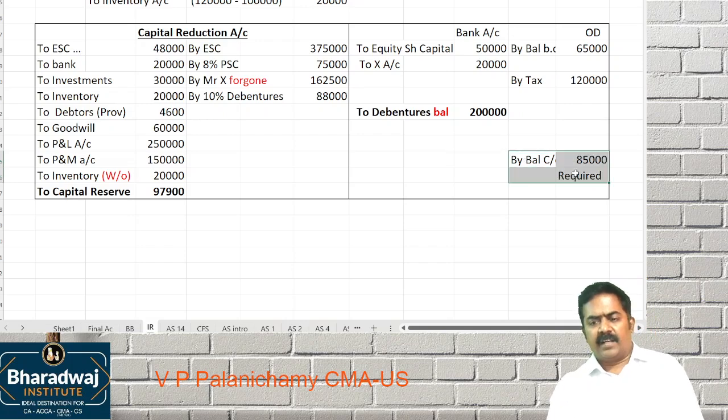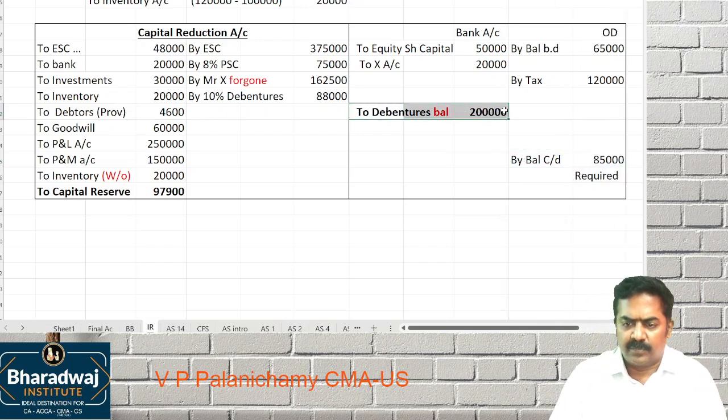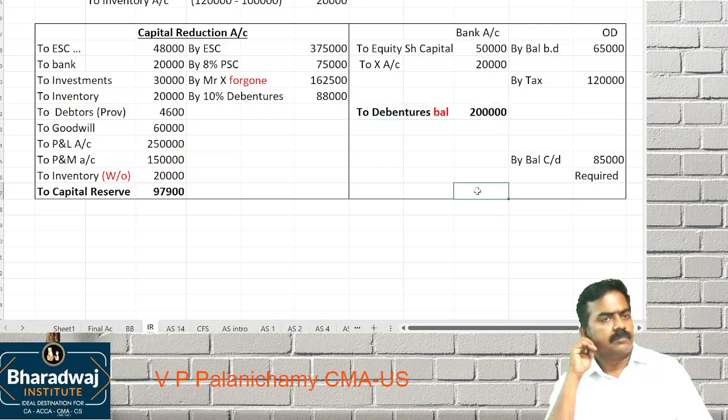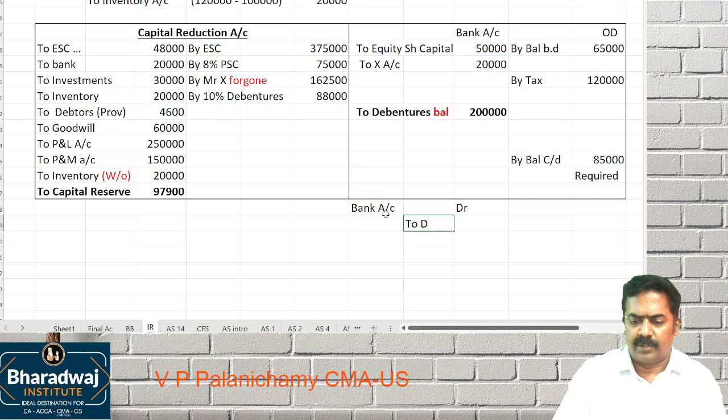To maintain the balance of 85,000, we need to issue debentures for 2 lakhs. For that, one more entry you can pass. What is the entry you'll pass? Bank account debit to debentures account. How much?